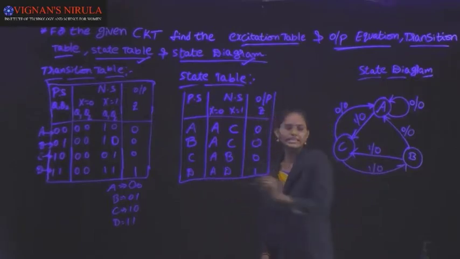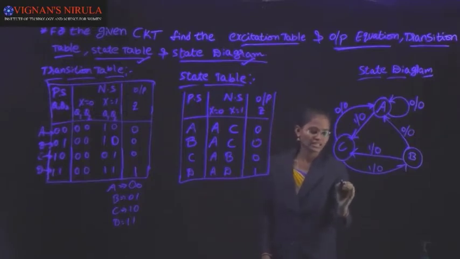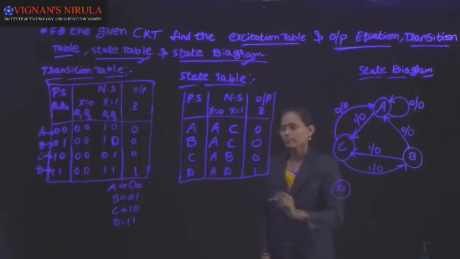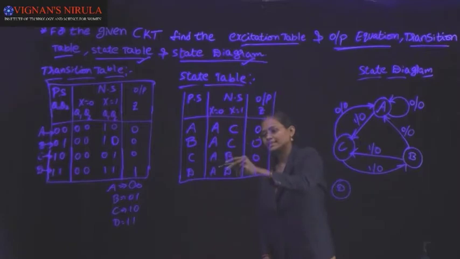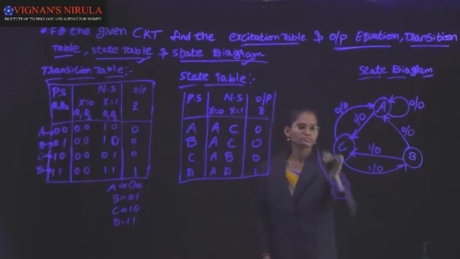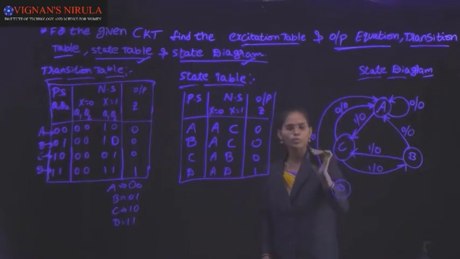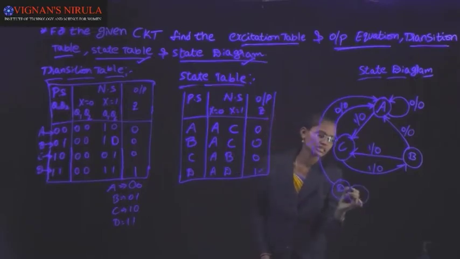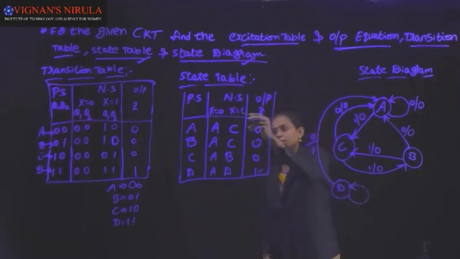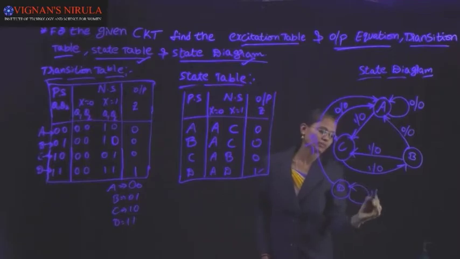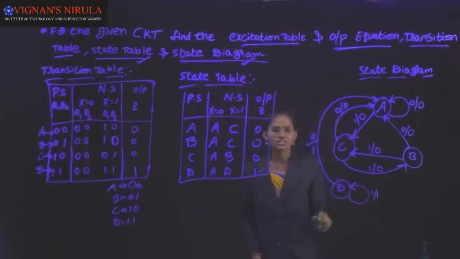Next, state D: if x equal to 0, the next state goes to A, with input 0 and output 1. If x equal to 1, the next state goes to D itself, a self loop, with input 1 and output 1, that is 1 by 1. This is the state diagram.